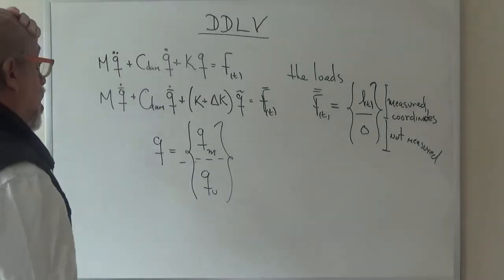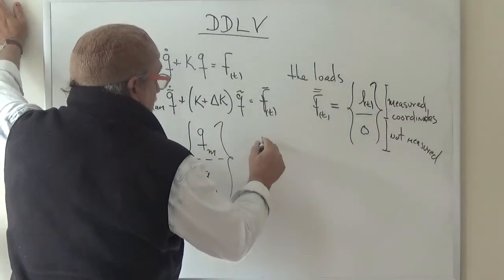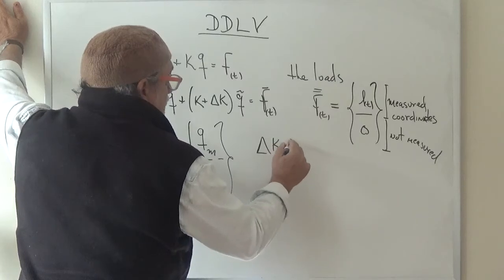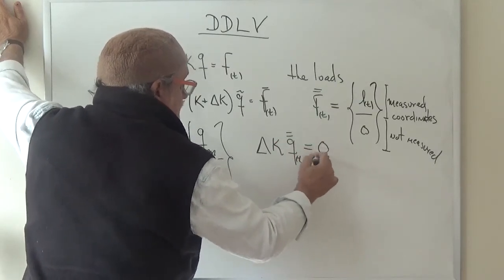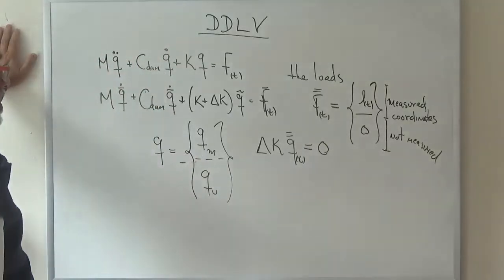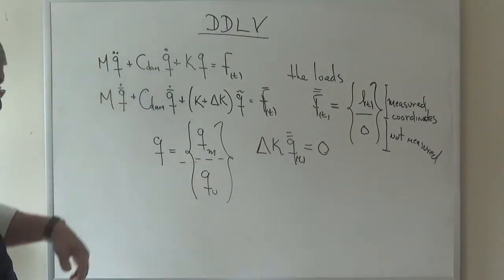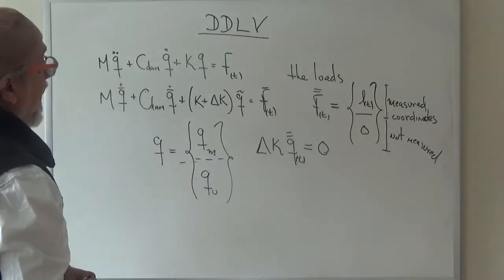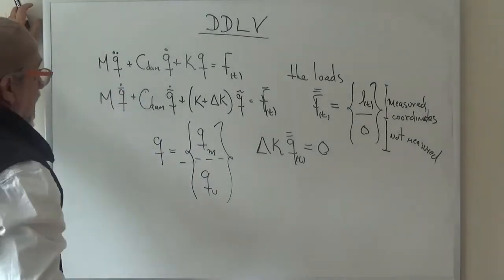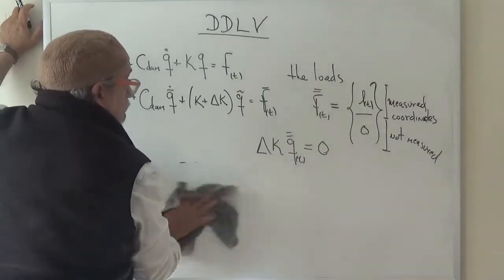Now, what we had was that delta K times q double dot as a function of time must be 0. That was the requirement that we found from inspecting these two things.